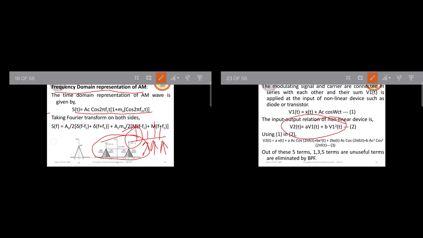So this is the equation that we have got for the nonlinear device. We'll have to substitute for V1 of t, expand it, and eliminate all other higher frequency components.